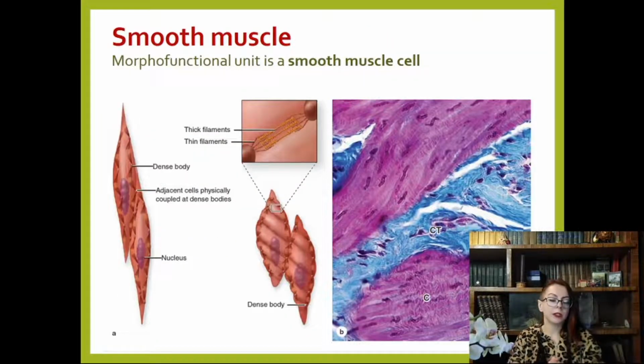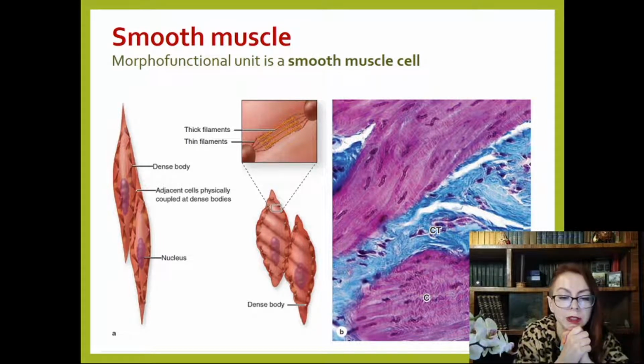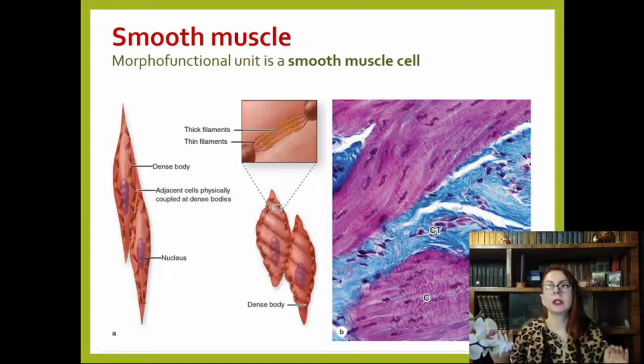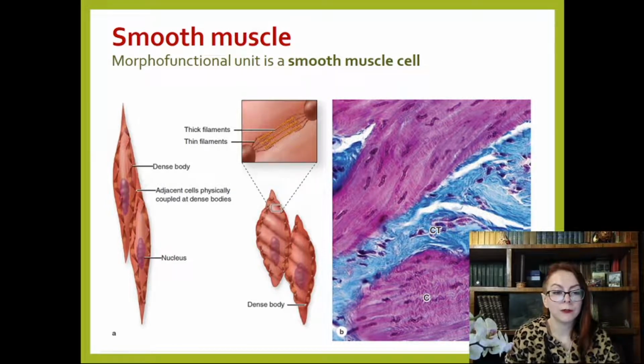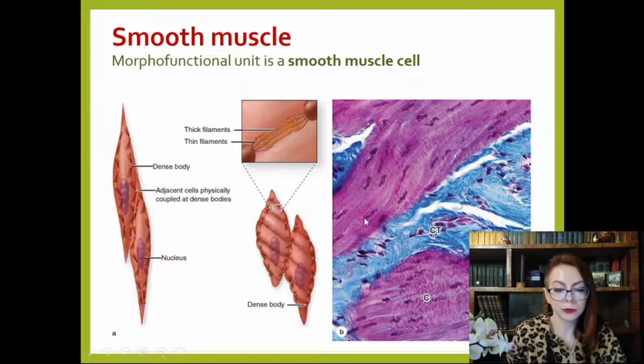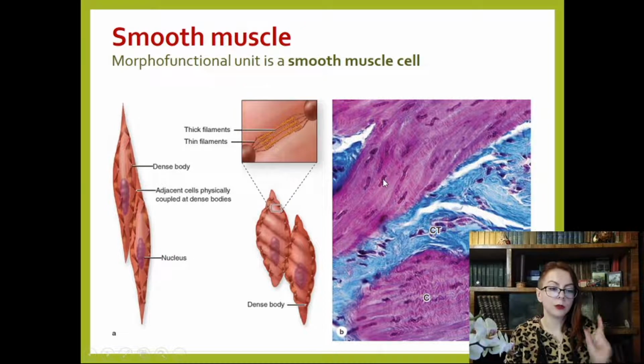After that, let's talk about smooth muscle tissue and smooth muscle cells. They don't have striations, and according to evolutionary development, they are more primitive. They are something like earlier developing myocytes, but they have their benefits. One cell of the smooth muscle tissue is called a smooth muscle cell.